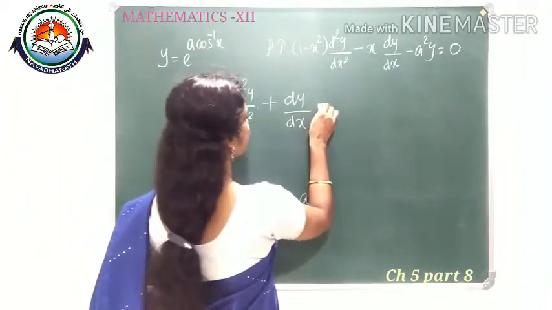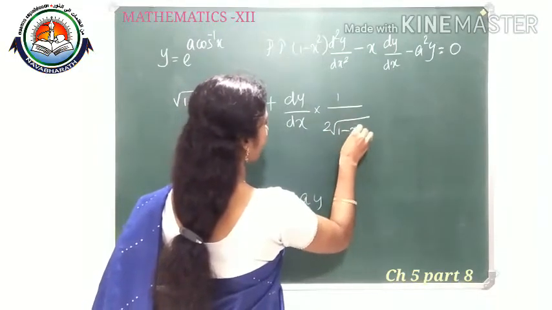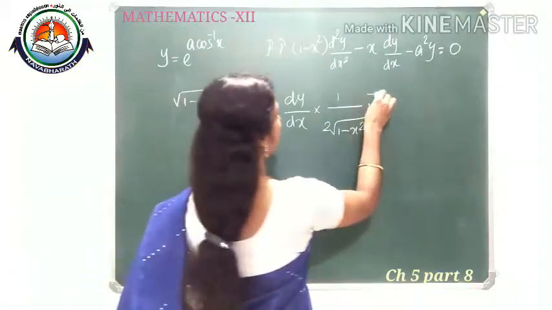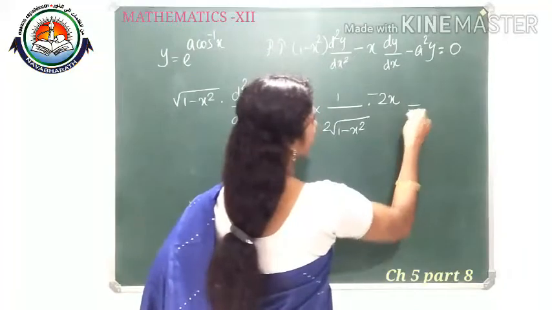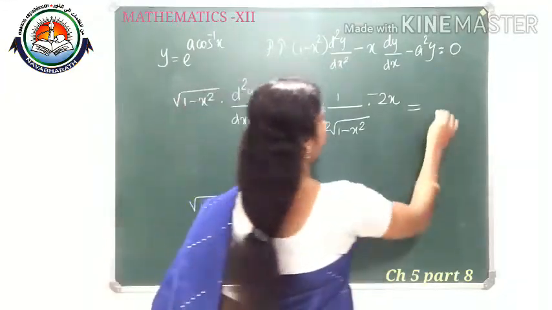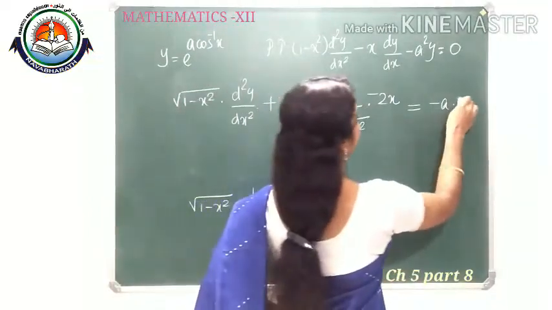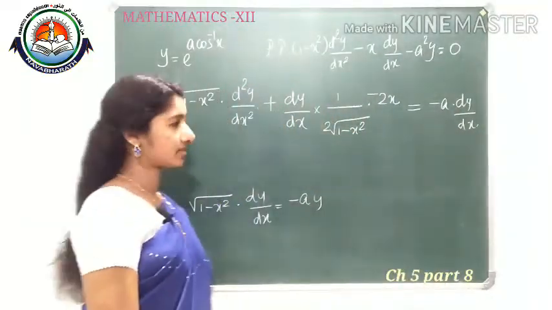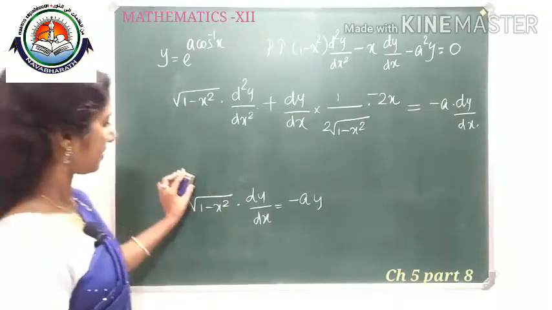Root of 1 minus x square derivative is 1 by 2 root of 1 minus x square into derivative of 1 minus x square, minus 2x, equal to right side, minus a into y's derivative, dy by dx. Y derivative with respect to x is dy by dx. So we differentiated this expression. So I am rubbing this one.